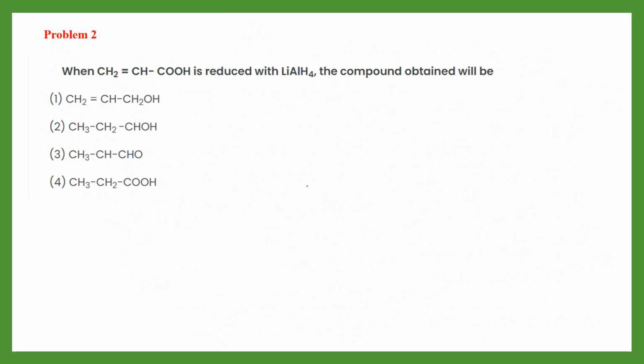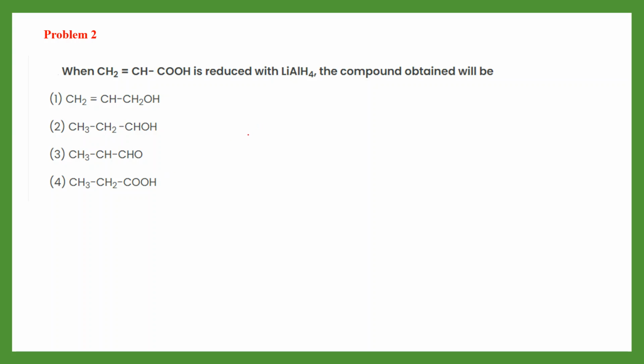Do you have any pre-knowledge of reducing agents and oxidizing agents? Yes, ma'am, I do. So problem number 2 is based on a reducing agent. When CH2=CH-C(=O)OH is reduced with LiAlH4, the compound obtained would be: first, allylic alcohol; second, propanol; third, propanal; and fourth, propanoic acid.